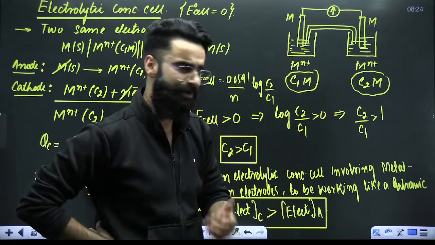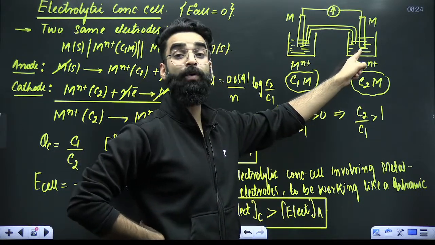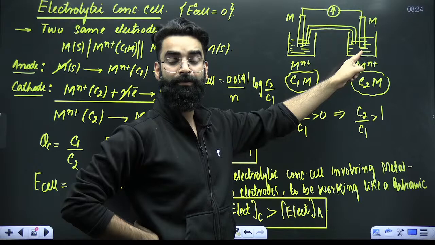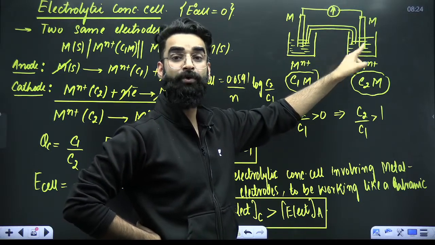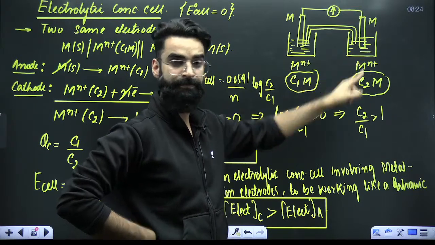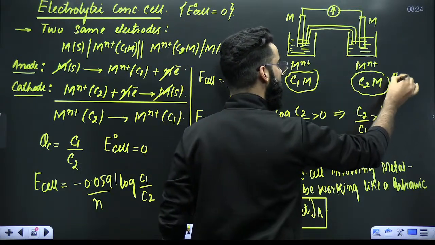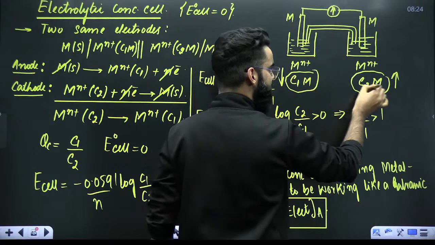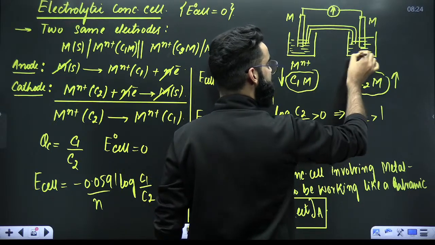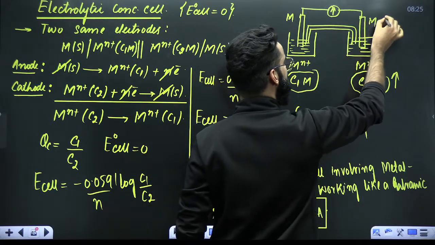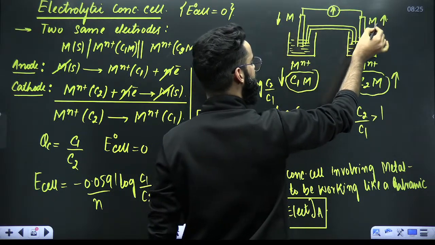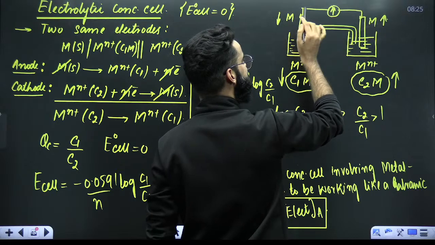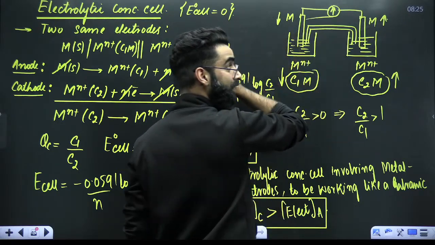Potential difference will only generate if the concentration of electrolyte in the cathode is more. Why is that? Because the more the concentration, the more the reduction potential. So this concentration should be more, this concentration should be less. If this concentration is more, the reduction potential of this electrode is more and that of this electrode is less. That means potential difference again got created.